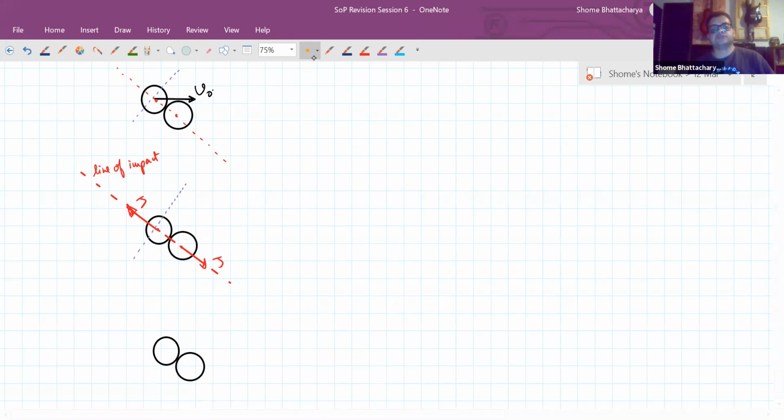Okay. Now another thing that we see here is that geometrically, we draw this line of impact and compare it with the direction, or the line of action, of A's velocity.